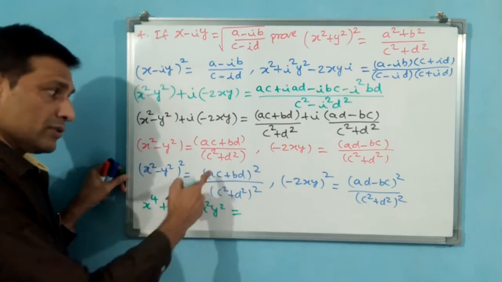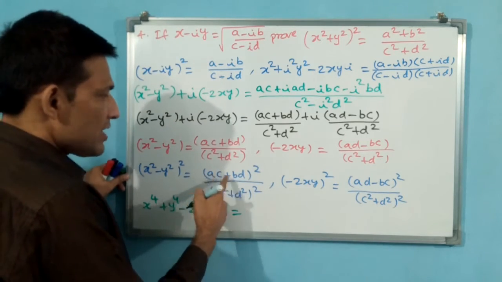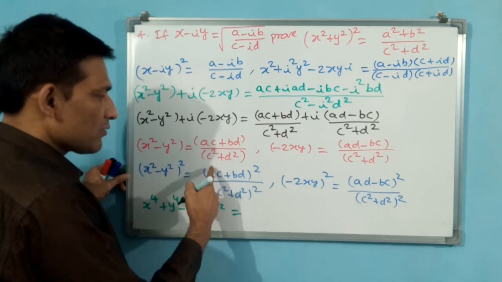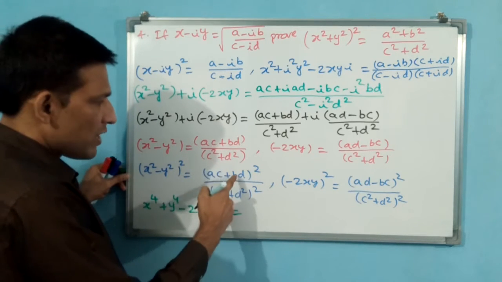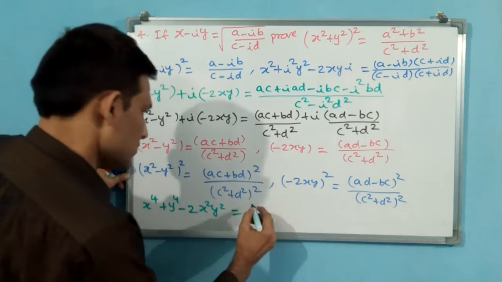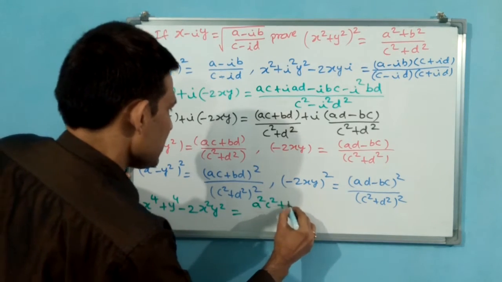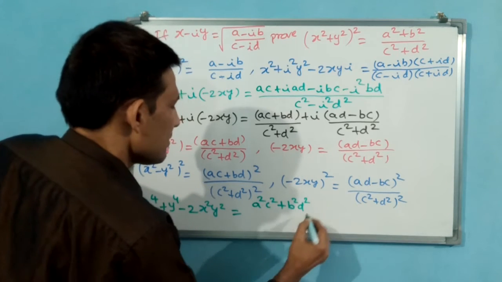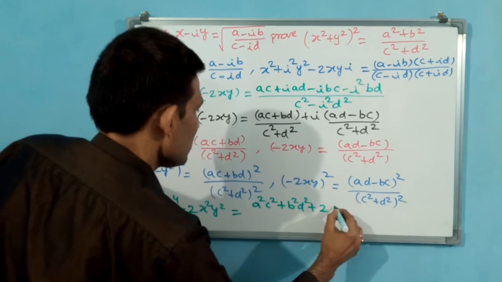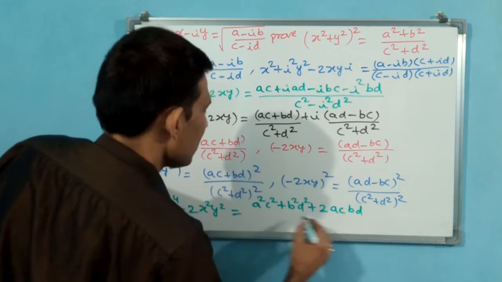What about the RHS? This also you have to square. A plus b whole square: a square means here a square c square, b square d square. Like that you have to do it. A square c square plus b square d square plus 2ab, plus 2 a c b d all will come.